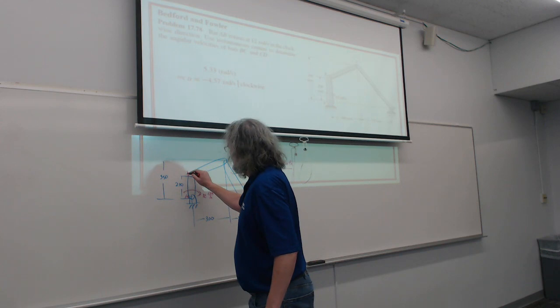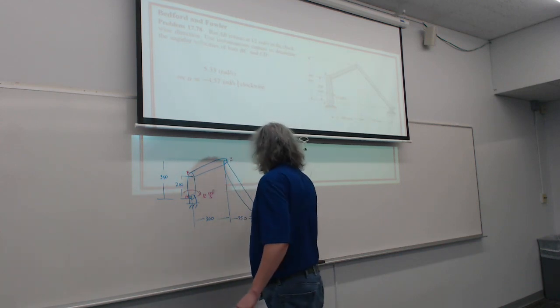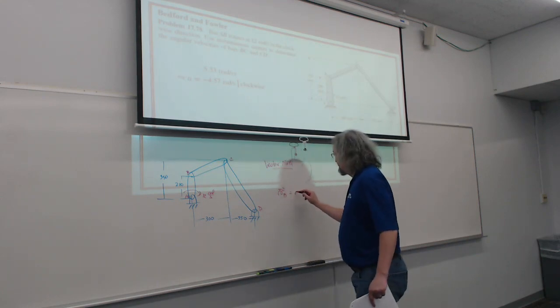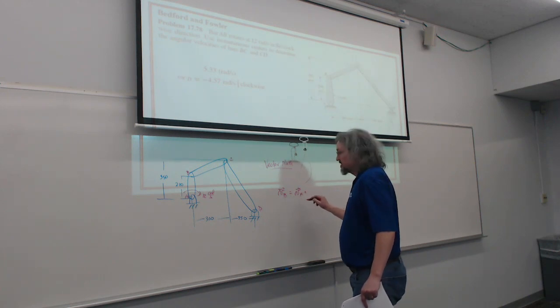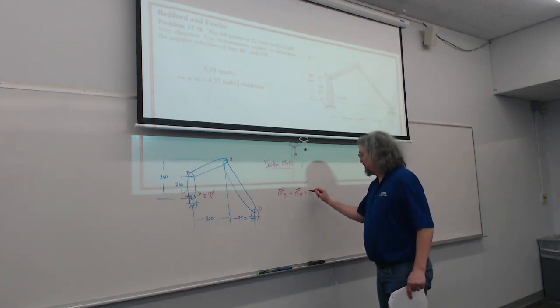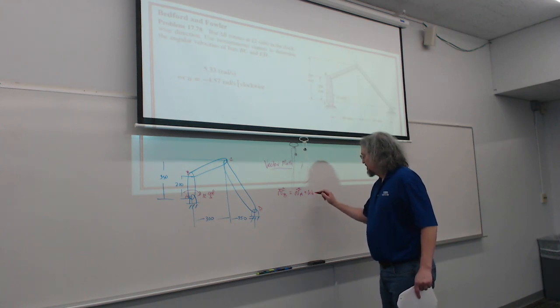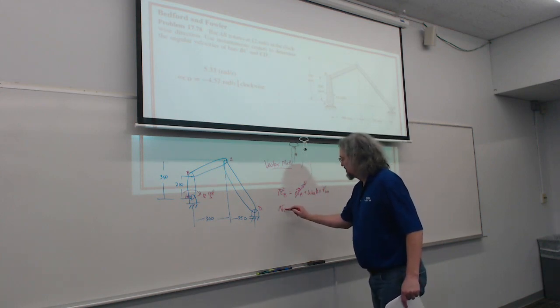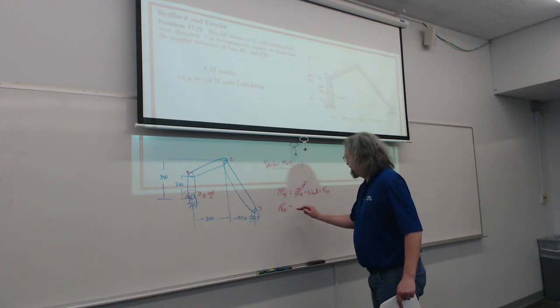A, B, C, and D. So start out with velocity of B. It's going to be equal to the velocity of A plus velocity of B with respect to A, which we know is going to be omega AB K crossed with R B with respect to A. Velocity of A is 0 in this case, and omega we know is negative 12.